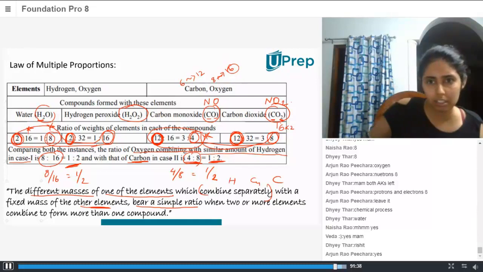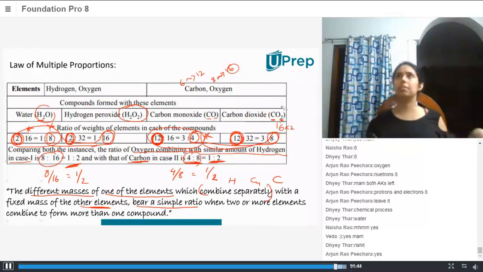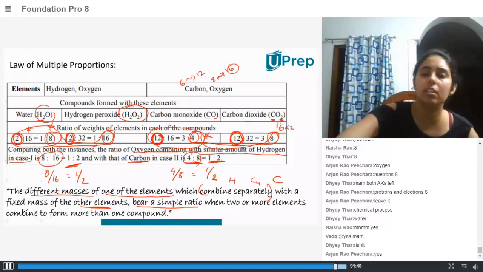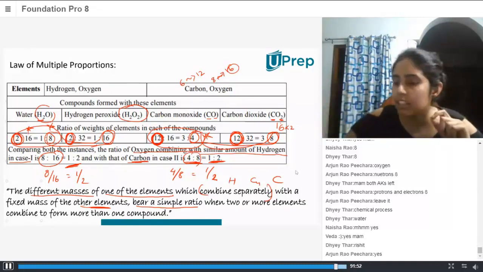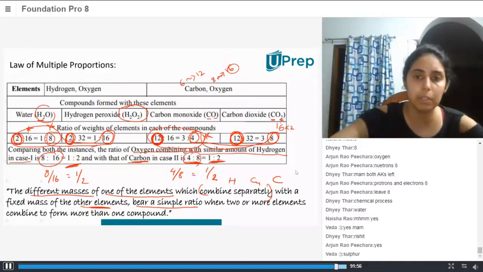No, it can't be. All right, let me think about this. Carbon monoxide and carbon dioxide. Okay, since we are out of time, I will tell you this in the next class because I have to think about this a little, as I'm not able to come up with an example right now.